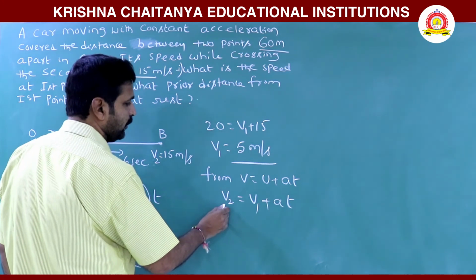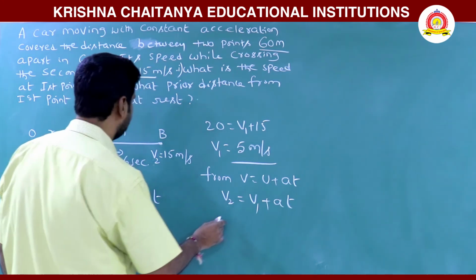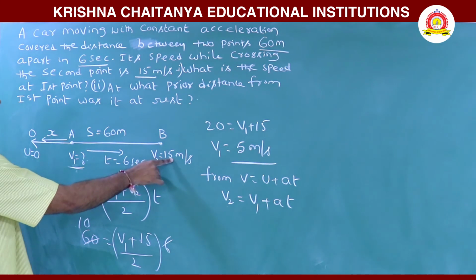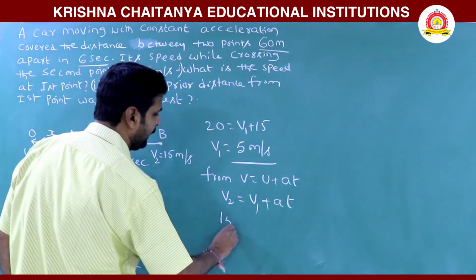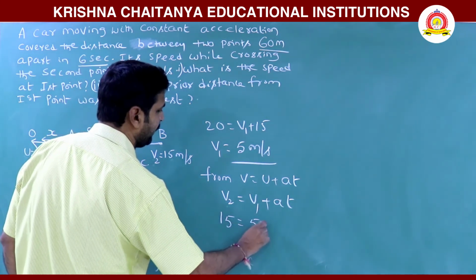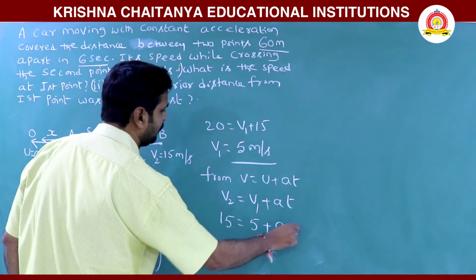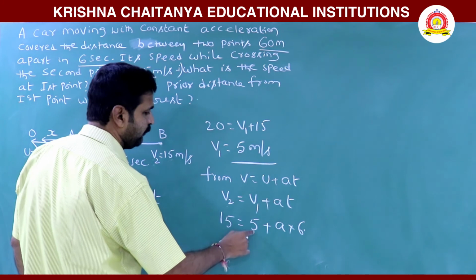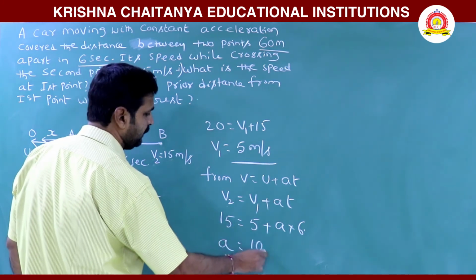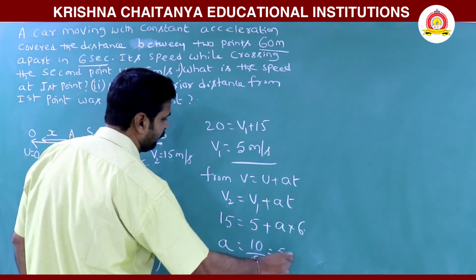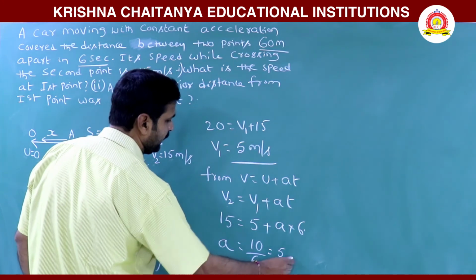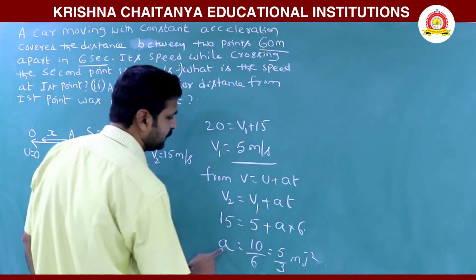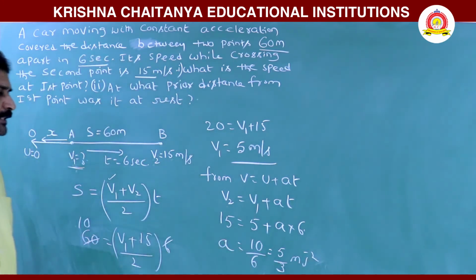Now you know v2 is given as here 15, v1 as 5, acceleration unknown, this is 6. So acceleration is 15 minus 5, 10 by 6, this is 5 by 3. So here acceleration is known, 5 by 3 meter per second square.